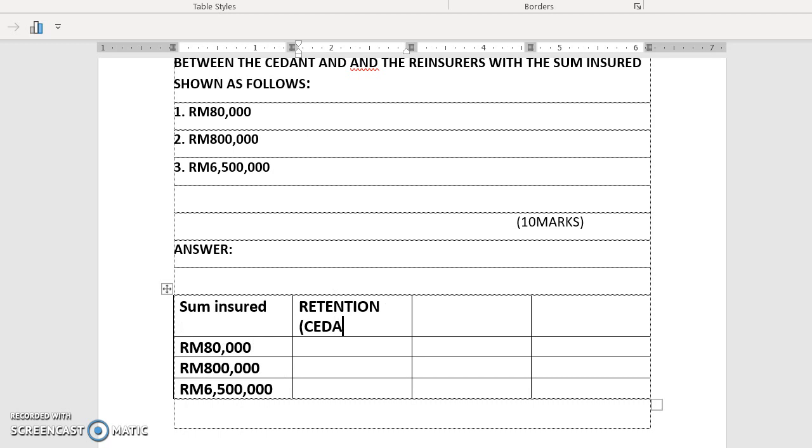Based on the question, the percentage that should be paid by the ceding company is 40%.